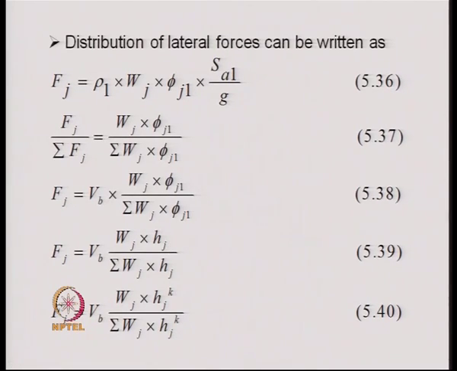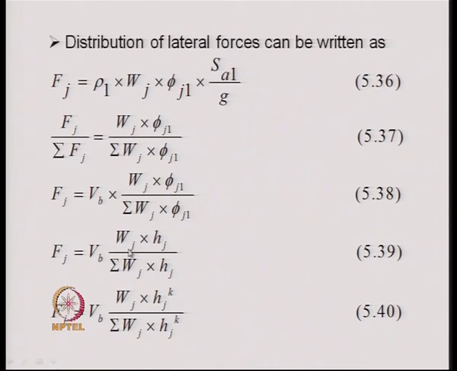So, if we assume that at the top floor the unit value is there for the first mode, then at other floors the value of the mode shape coefficient will be Hj divided by the total height of the building. Since the total height of the building is there both in the numerator and the denominator, that cancels out, and as a result we get this particular formula.